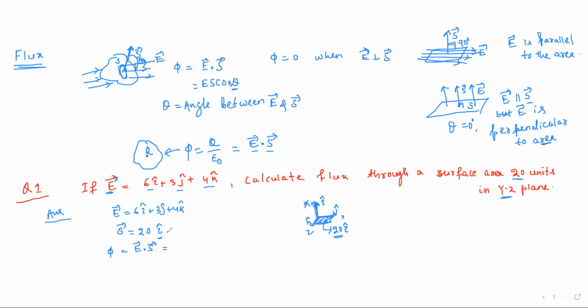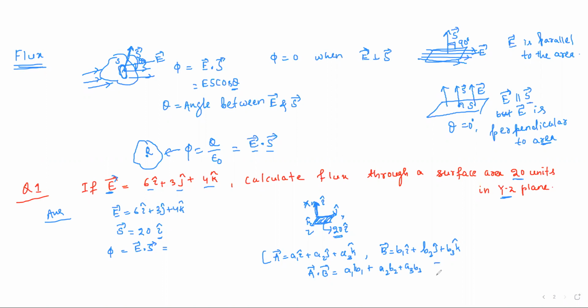And the dot product formula: if two vectors are given, A vector is A1 i cap plus A2 j cap plus A3 k cap and B vector is B1 i cap plus B2 j cap plus B3 k cap, then we know very well that A vector dot B vector is given by component-wise multiplication and summation: A1 B1 plus A2 B2 plus A3 B3.